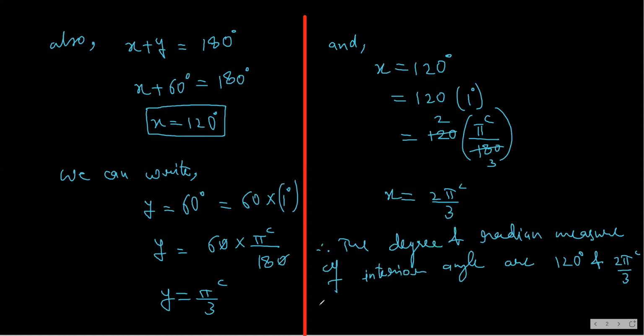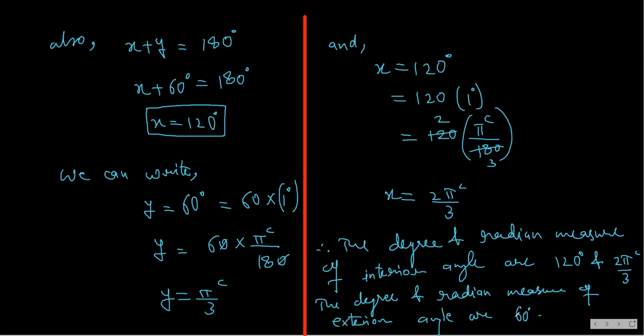Then you will write next: the degree and radian measure of exterior angle are 60 degrees and pi by 3 radian.